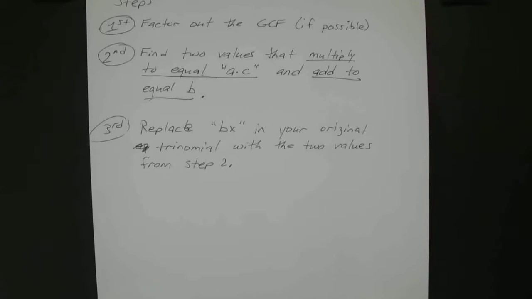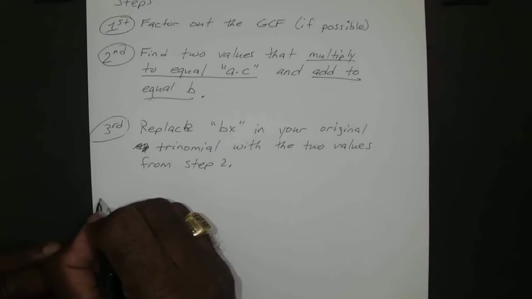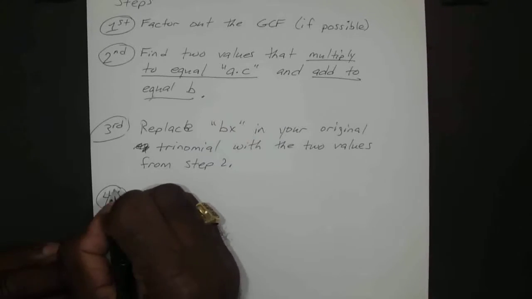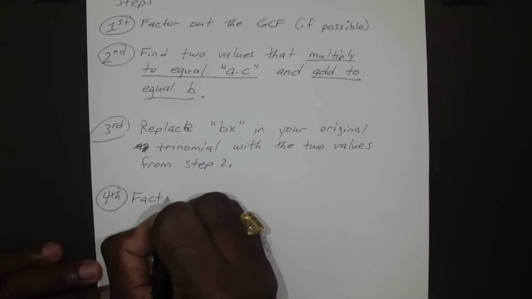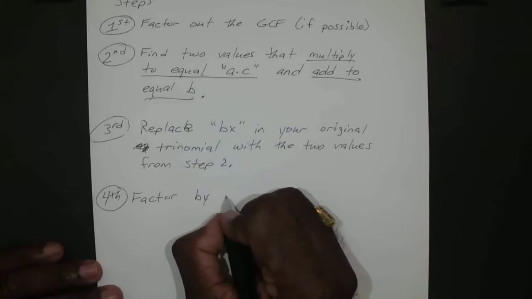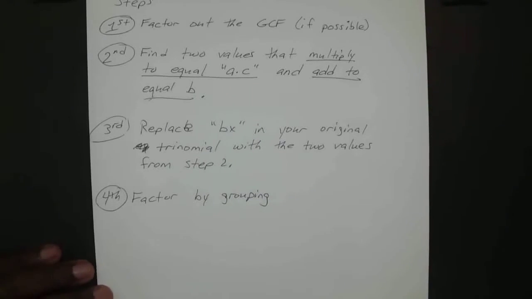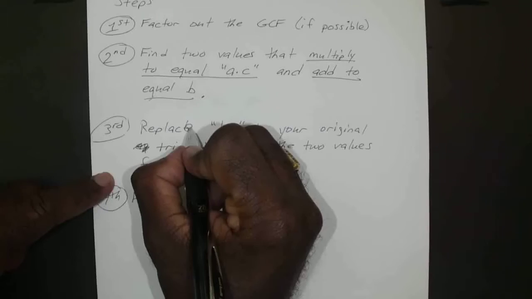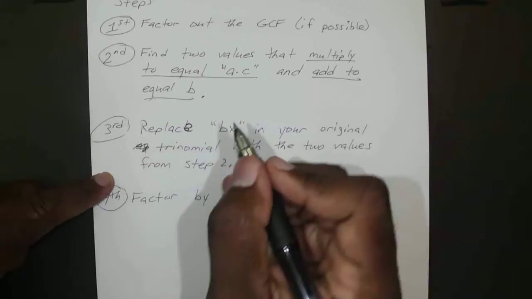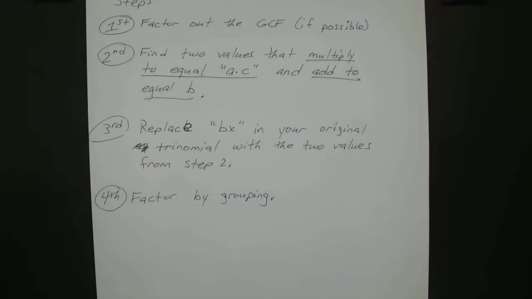Okay. Now your fourth step, the factor by grouping we did before, that's what you're going to do for your fourth step. Because now you just turned 3 terms into 4 terms. So once you turn it into 4 terms, you can now factor by grouping.